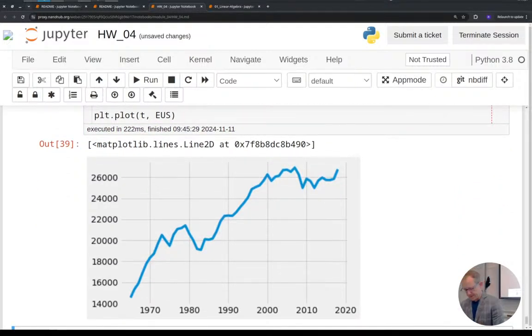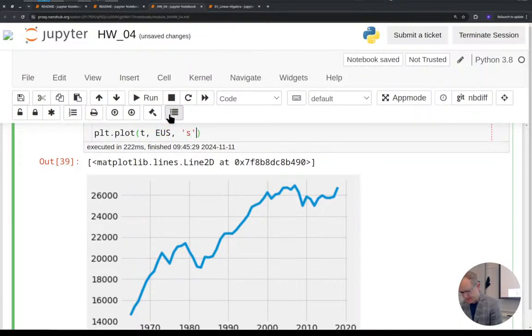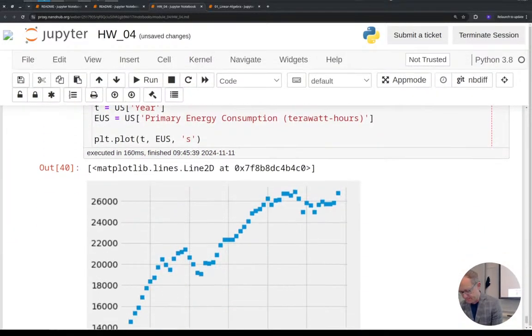I've got my data loaded in, at least for the US data. Throw some squares in there.